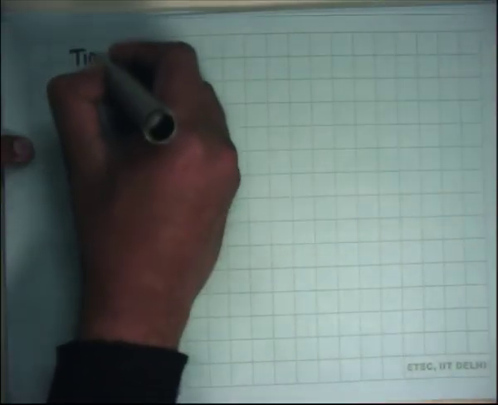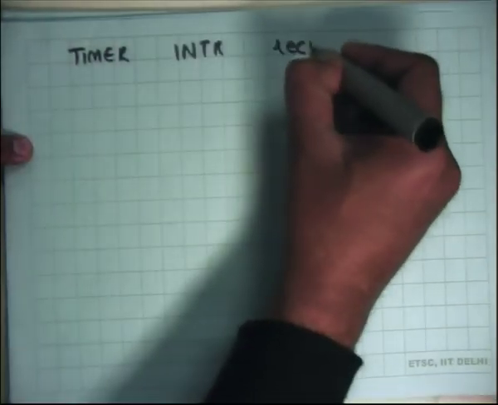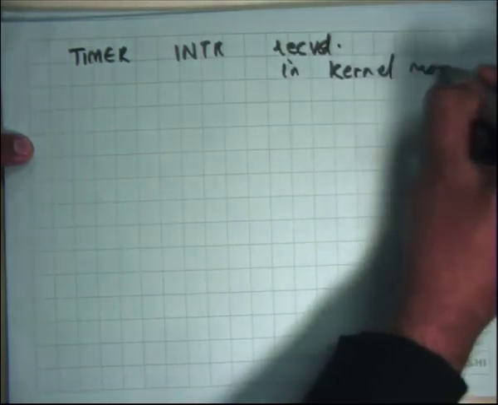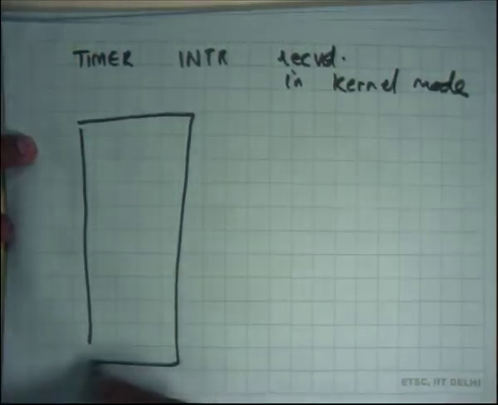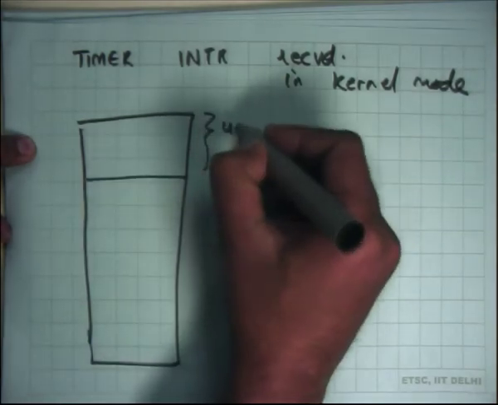So let's say a timer interrupt is received in kernel mode, and let's say you context switched. This was P1's K stack, you will have the user trap frame.